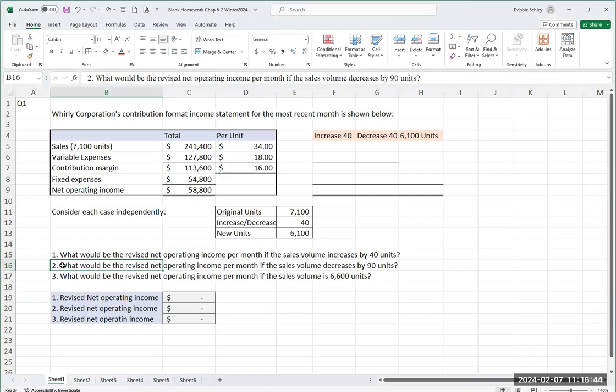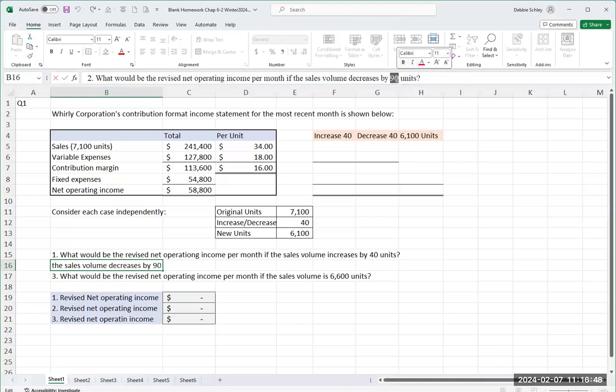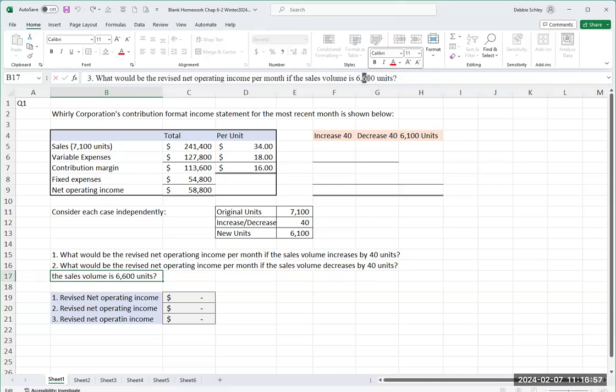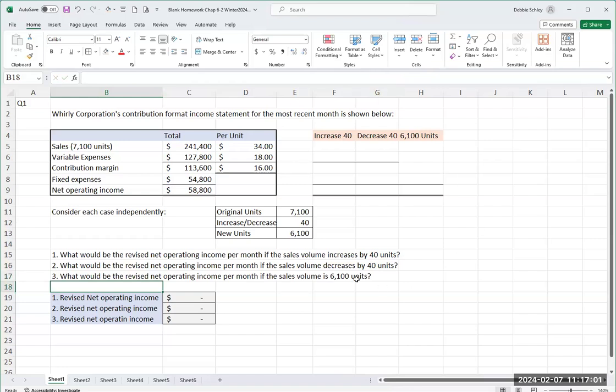So if I increase by 40 units, and then my second one, what if it decreases by 40 units, and then what if it was 6,100 units?